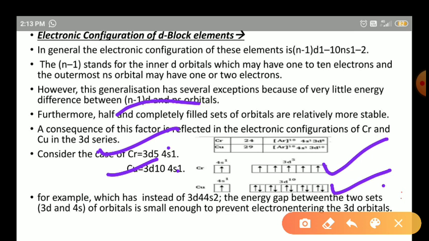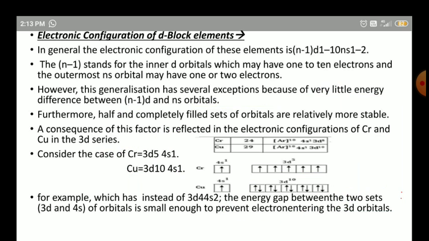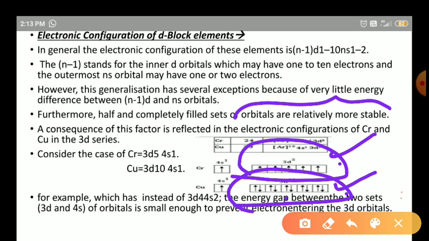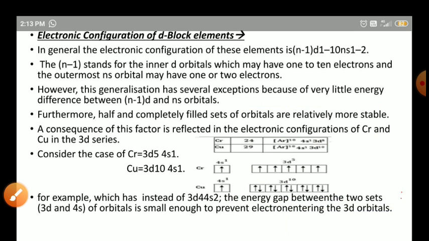So half-filled and completely filled d orbitals are more stable here, because all the d orbitals are either half filled or completely filled. So half-filled and completely filled electrons are more stable here. Now is it clear, students?